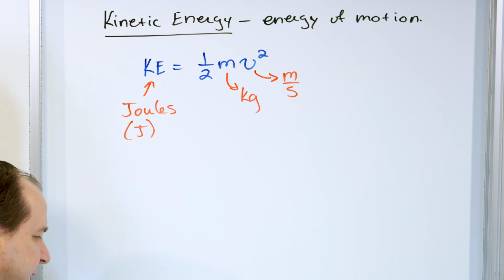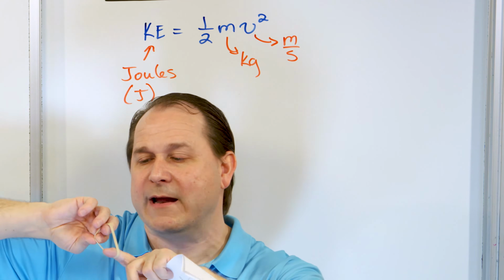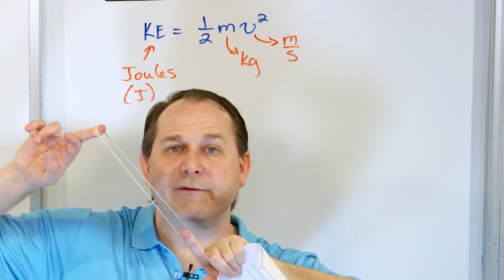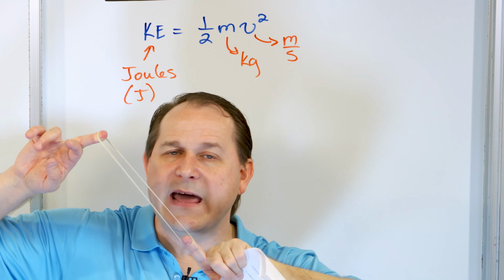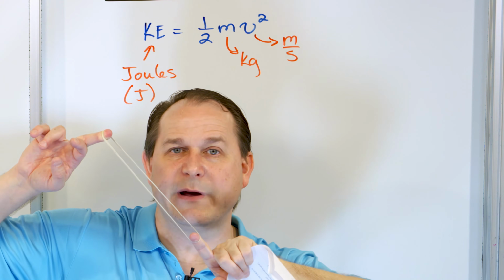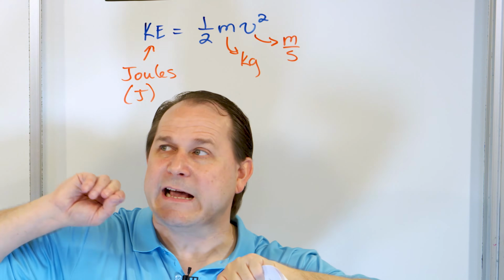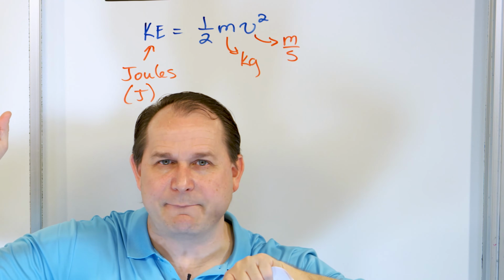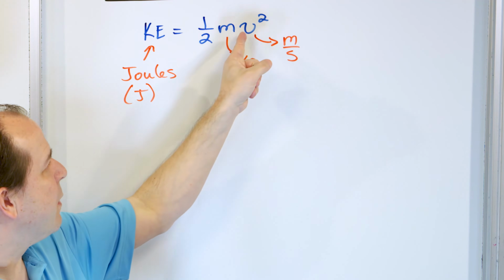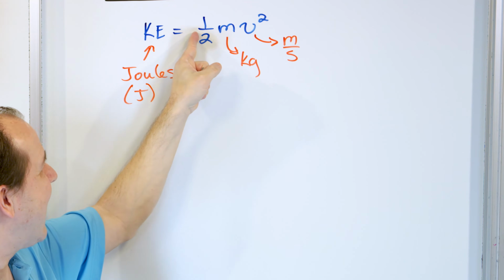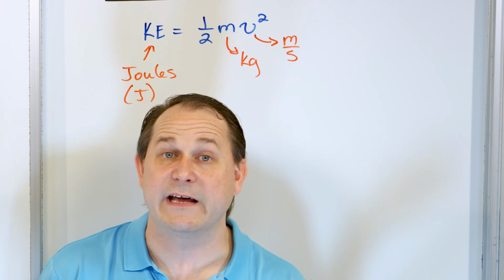And that is because if I take this rubber band, right, and I have, let's say, 10 joules of potential energy, nothing is moving, but this is the potential. If I could convert all of this potential energy into the energy of motion, and I fling it across the room, and I could look at its speed immediately when it left my finger, and I took its speed and multiplied v times v, speed squared, times the mass of that thing, times 1/2, I would get 10 joules of kinetic energy.